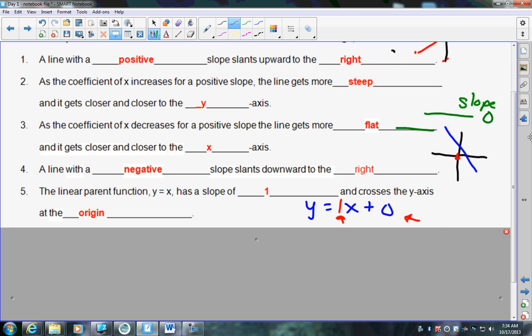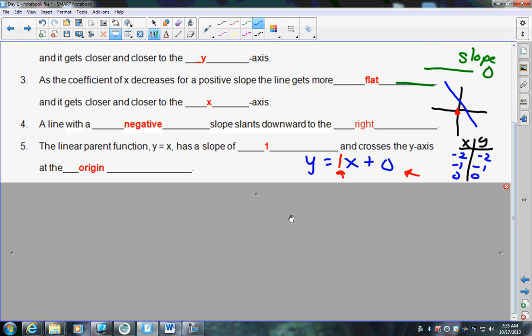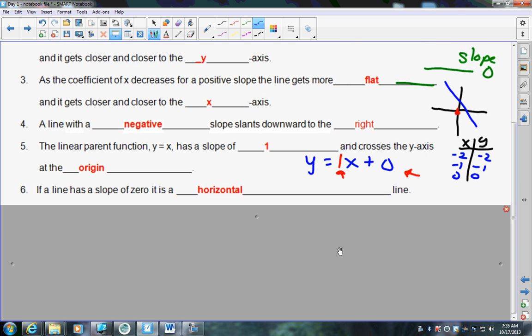Also remember that on the linear parent function, all the x and y numbers are the same when you make a table. Like -2, -2, -1, -1, 0, 0. They're all the same. If a line has a slope of 0, it is a horizontal line.